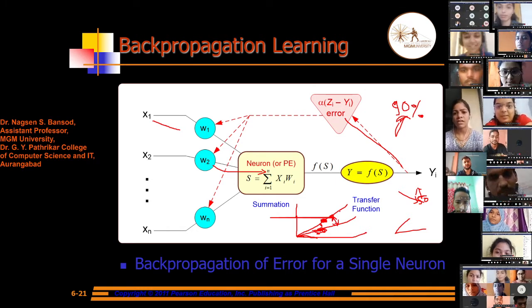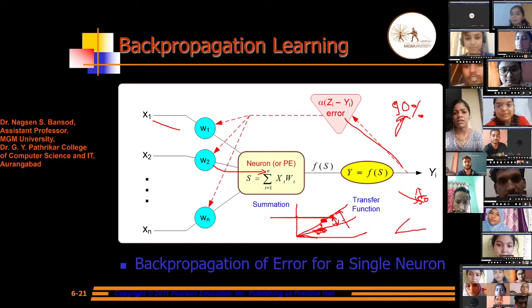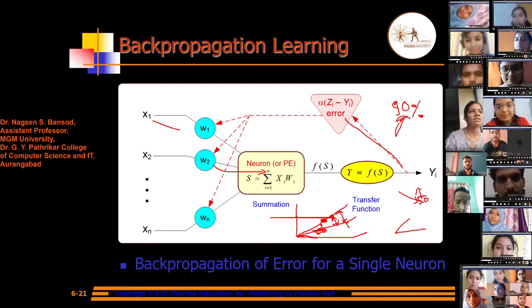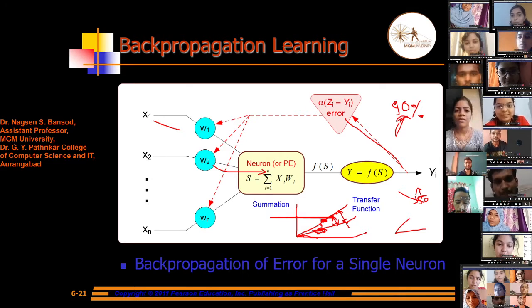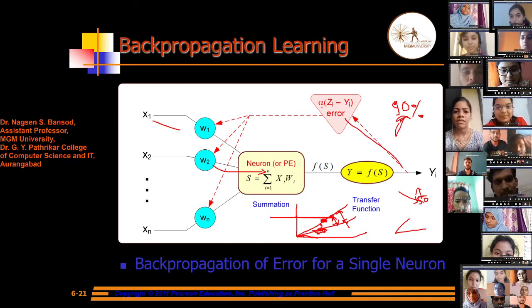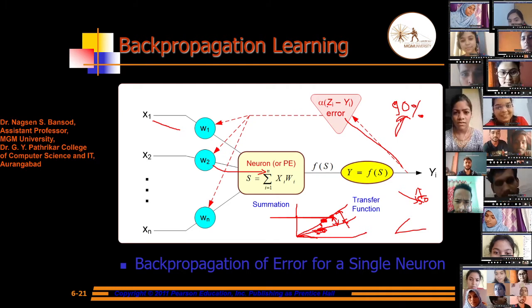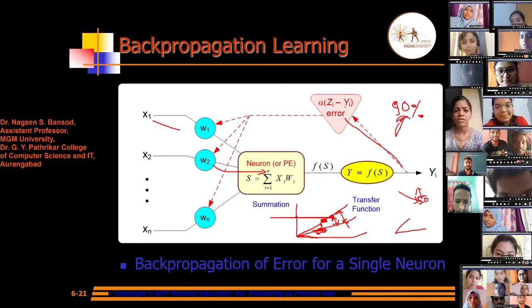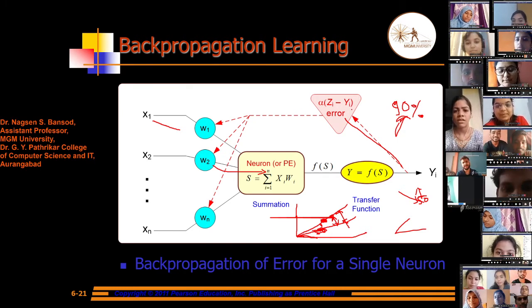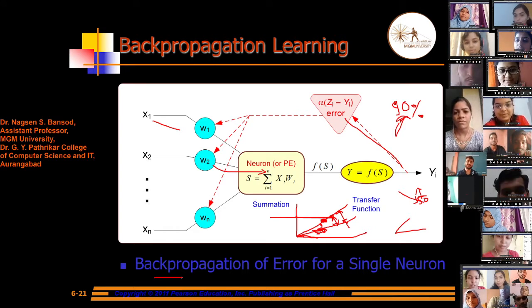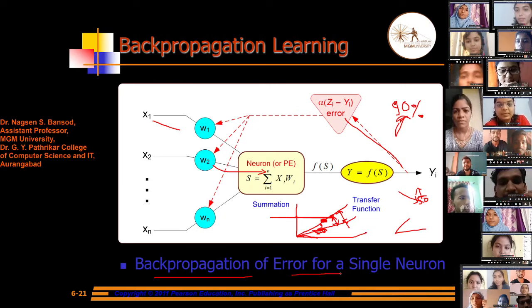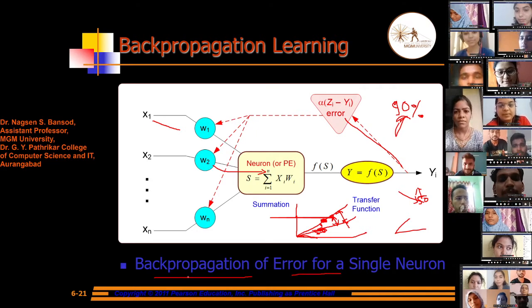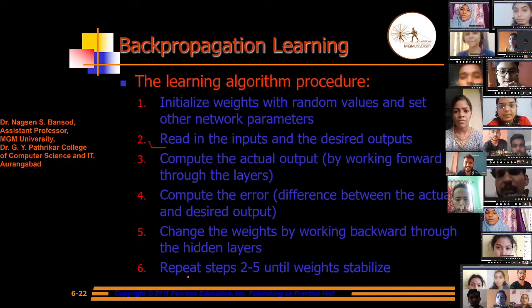We want to minimize the error value. To calculate the error value there is a function, alpha of zi minus yi. By using this we can minimize the error from a single neuron with the back propagation algorithm.